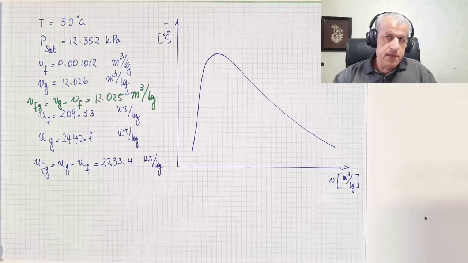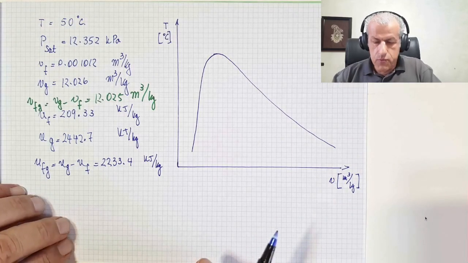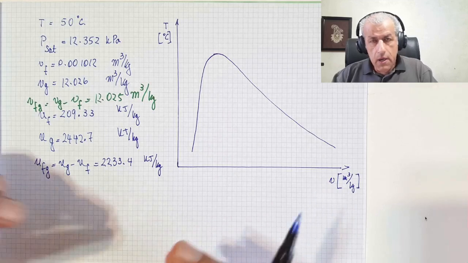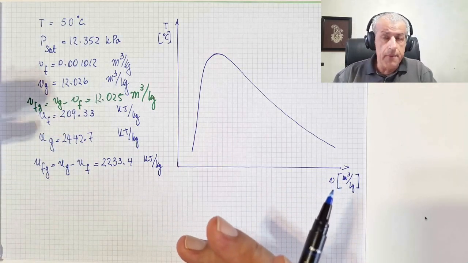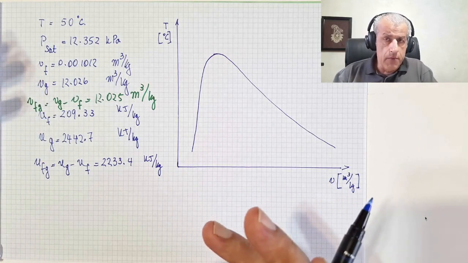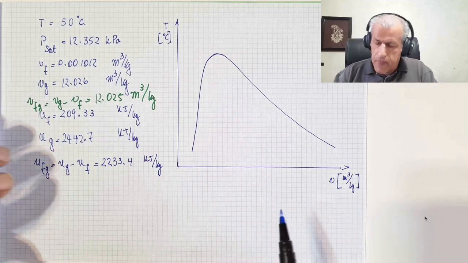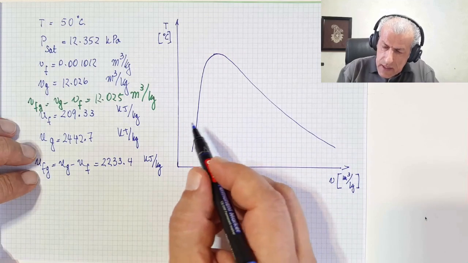Now, this is the TV diagram, and on it we would put the properties of water, regardless of what our problem is, because our properties of water do not depend on our problem. They are fixed, okay? So the first step is to decide on the temperature.